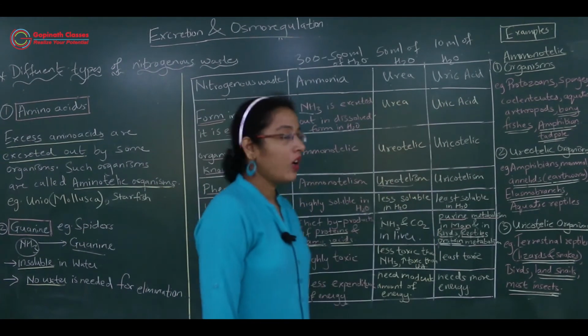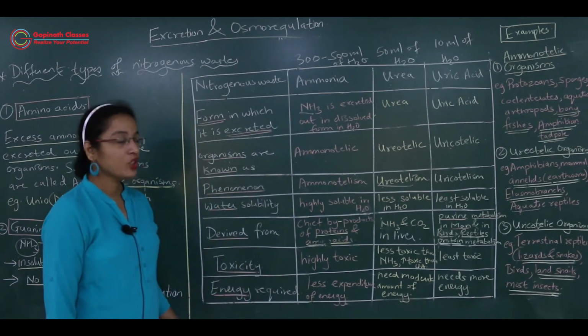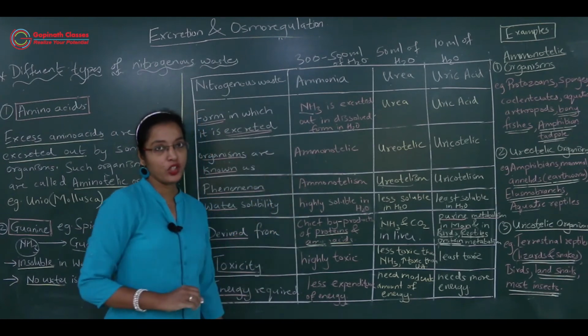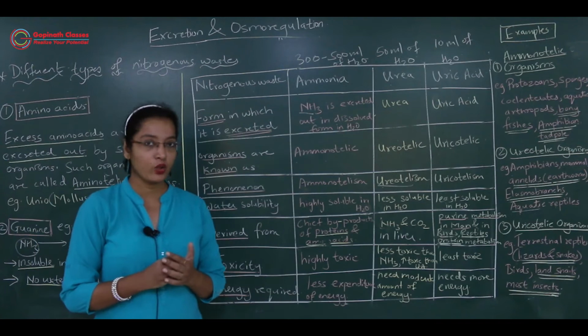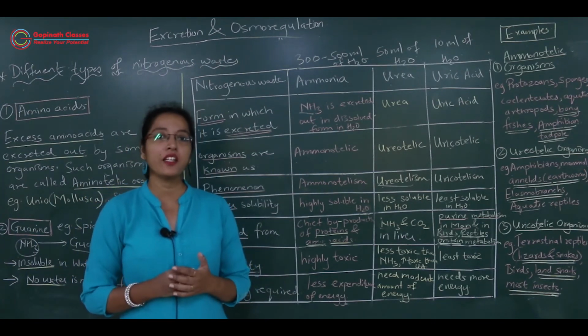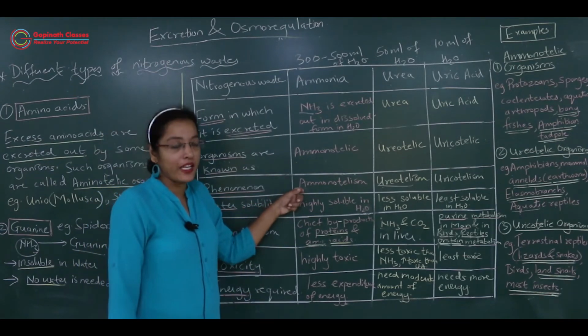Now we'll be talking about ammonotelism. What is ammonotelism? It is the phenomenon in which organisms excrete ammonia as a nitrogenous waste, and these organisms are known as ammonotelic organisms.